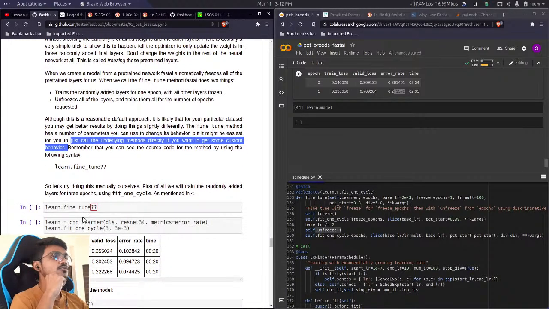Let's try to manually do the fine-tuning. First of all, we train the randomly added layer for 3 epochs using fit one cycle.